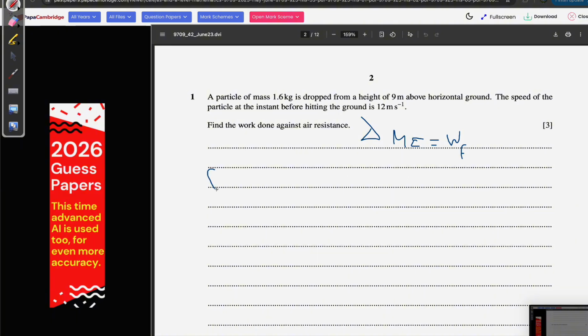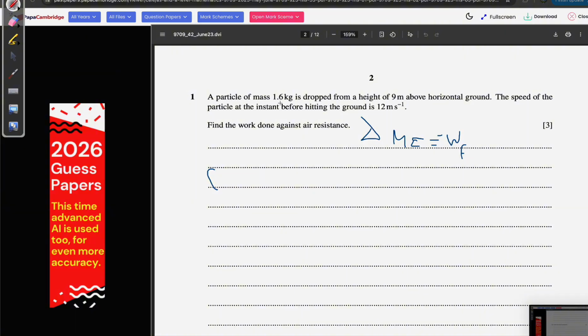wait, let me just make sure. Okay, we're going to do final. We're going to do initial minus final, since this is the opposite, and if we take the negative to the other side, we're going to do initial minus final. So let's just do it.